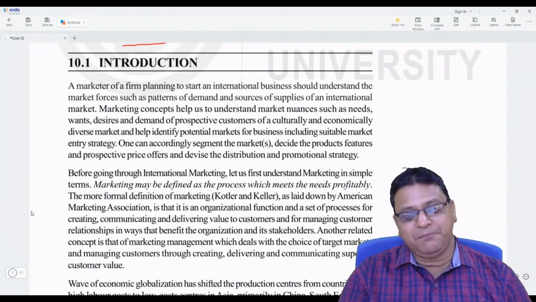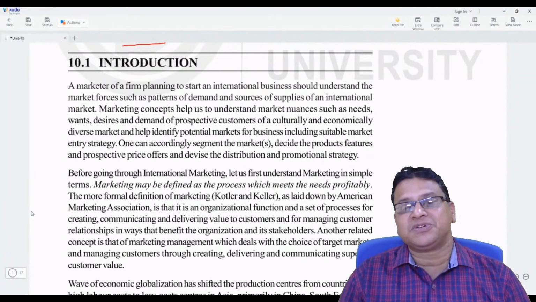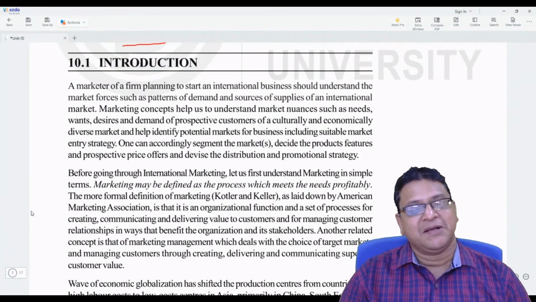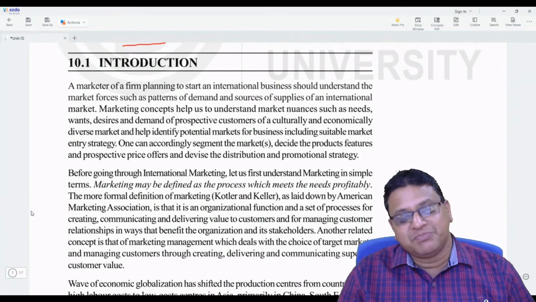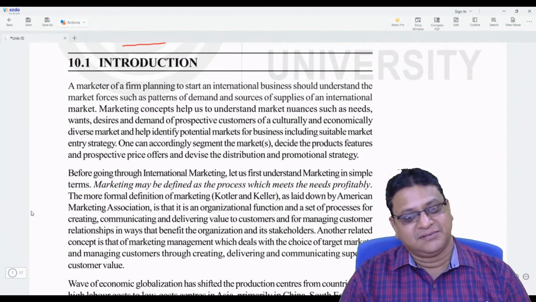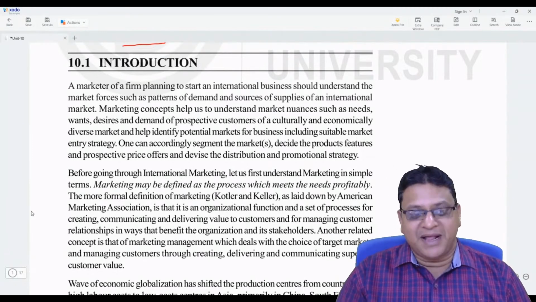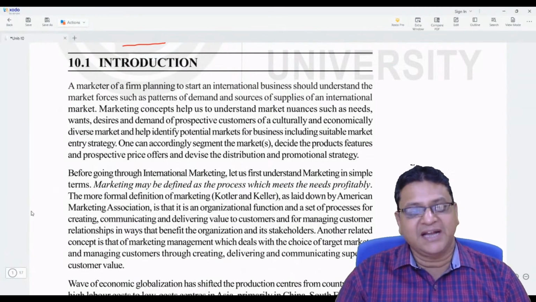So marketing focuses upon customer satisfaction. Selling is just a part of marketing. Marketing includes many things, so marketing is a broader concept. Marketing is all about identifying customers' needs and satisfying them.